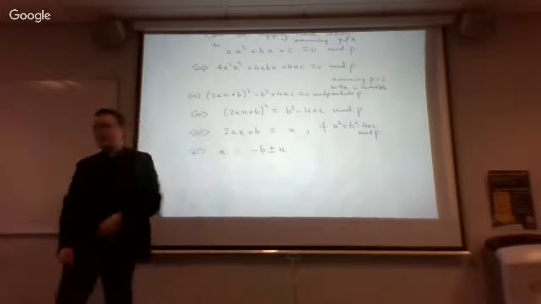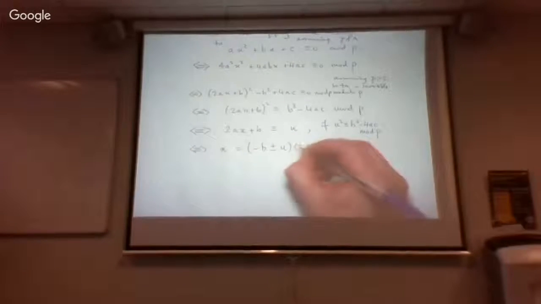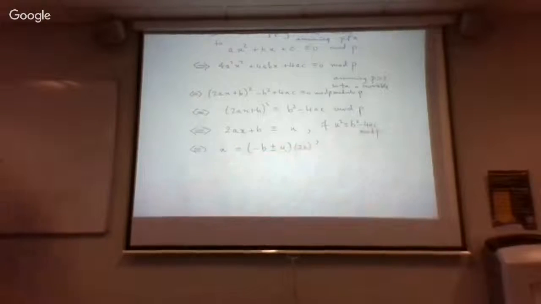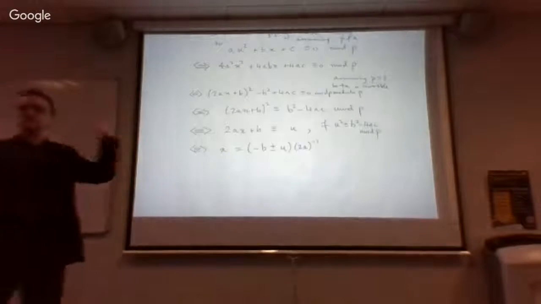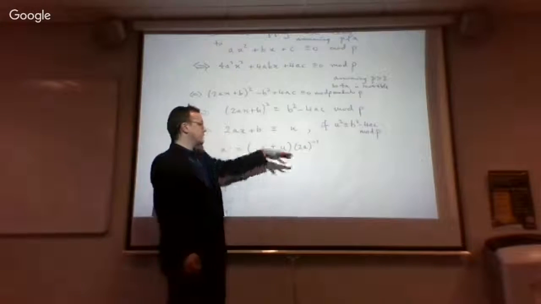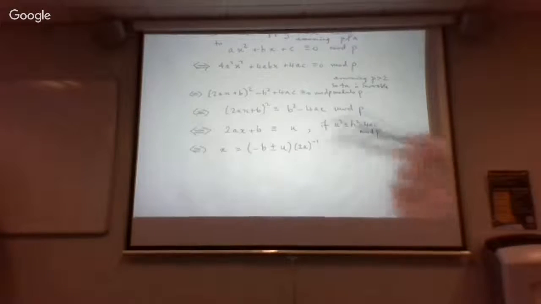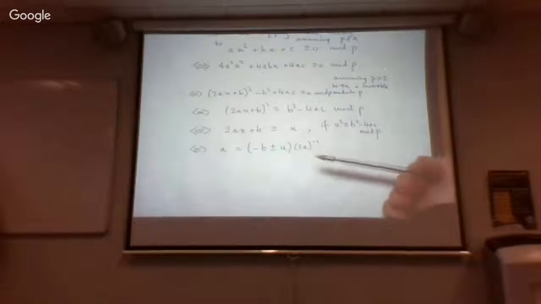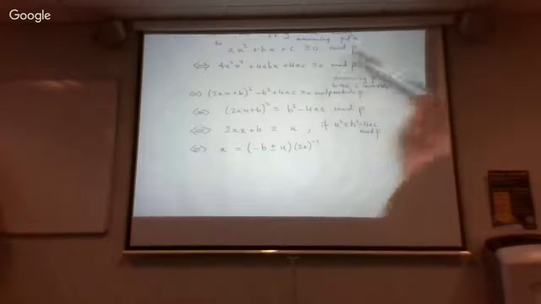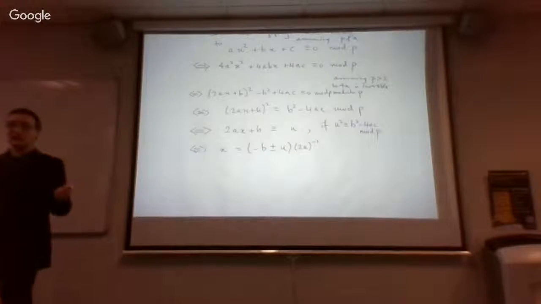And I need to divide across by 2a, except when we're doing modular arithmetic, we don't talk about forming fractions of elements, we speak about the multiplicative inverse. So I multiply both sides by the multiplicative inverse of 2a, and I know that exists. The multiplicative inverse of 2a does indeed exist because of the comments about a before: p does not divide a, p is an odd prime, so 2 is also coprime to p.